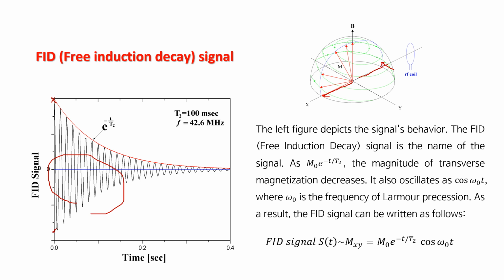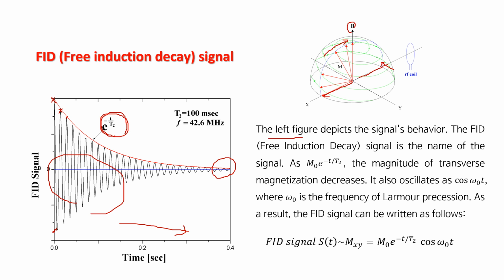As time goes on, the magnetization vector goes up to the field B, so the transverse component becomes smaller and smaller. Finally it will be 0. So this kind of oscillatory signal will be detected. Also the amplitude of the oscillatory motion will be reduced by this factor.